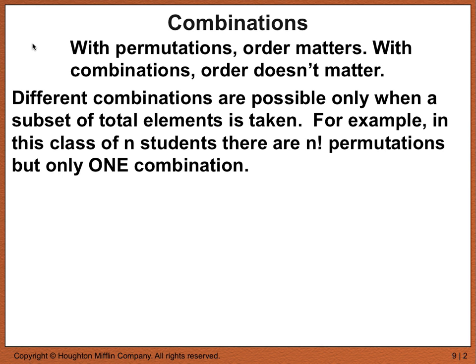For that same group of 5 students, there could be different permutations, different ways of ordering those 5. But if we're looking at a combination, there's only one combination for that group of 5 students because order doesn't matter with a combination.